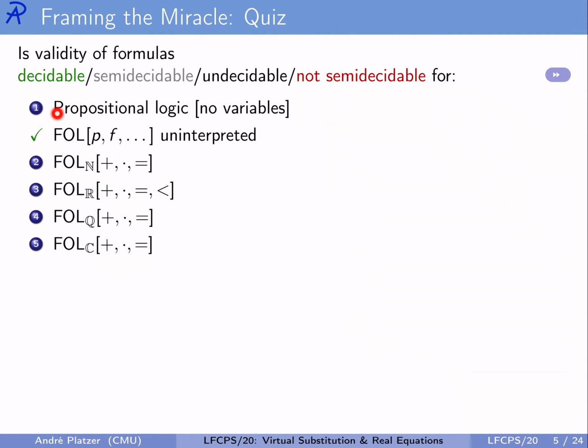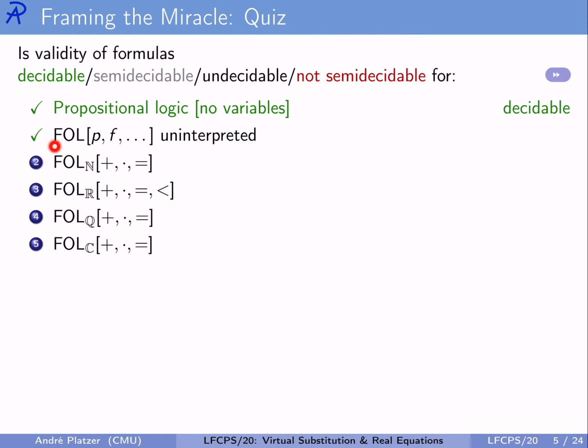Because you can write an algorithm that, given any propositional logical formula, will tell us whether it's valid or not just by forming a truth table with all the possible yes, no truth values for each of the p, q, and so on symbols in the formula, and then just evaluate it. It's not super efficient. There are much better ones, SAT solvers, but at least it's easily seen to be decidable.